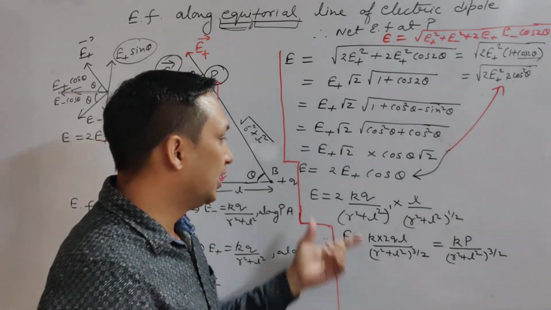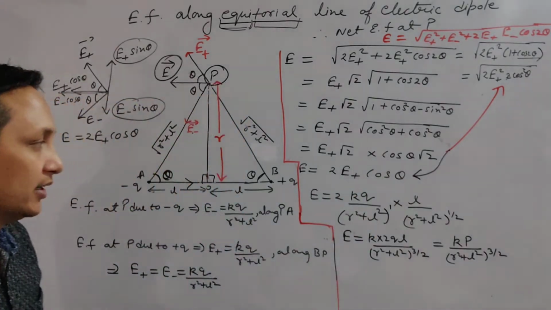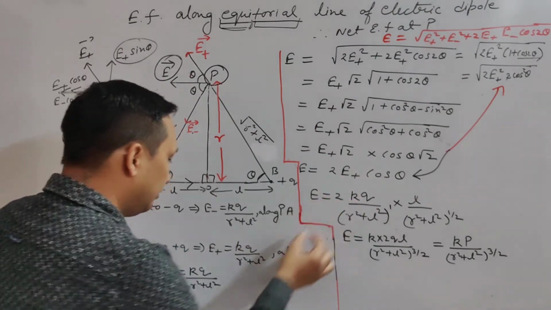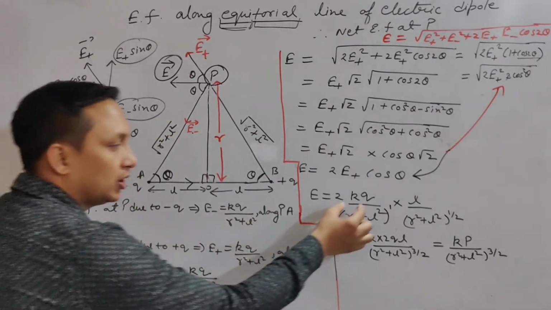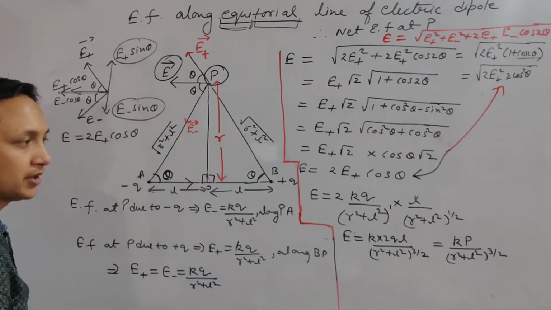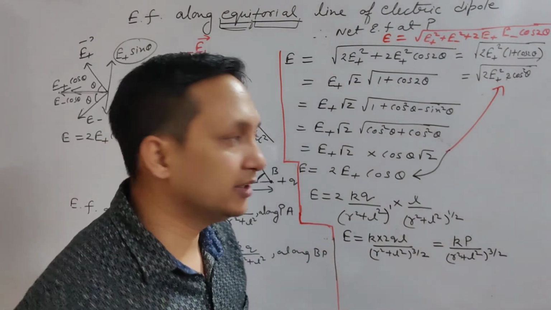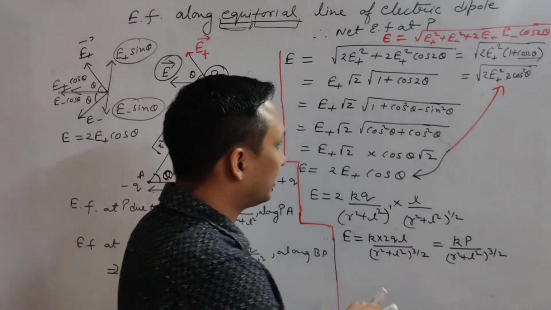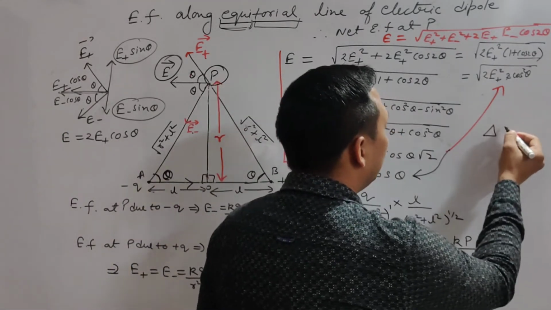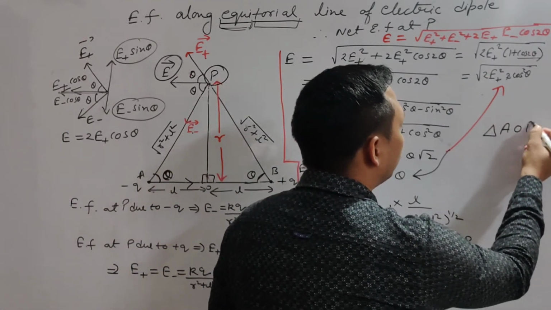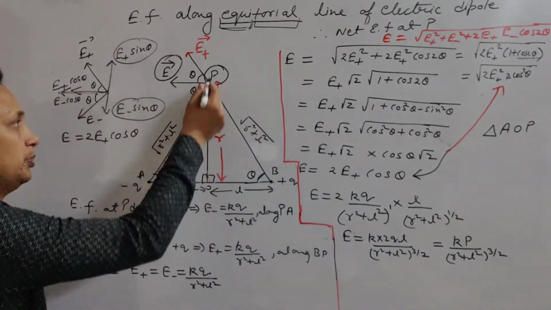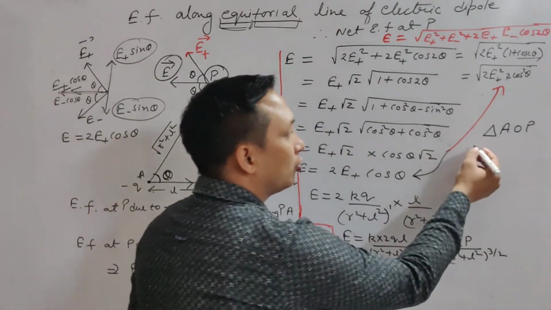Now when you get 2E plus cos theta, in place of E plus we will be writing this formula, kq upon r square plus L square. But in place of cos theta, what do we have to write? Just check it out here. If we consider the triangle AOP, what will be cos theta?